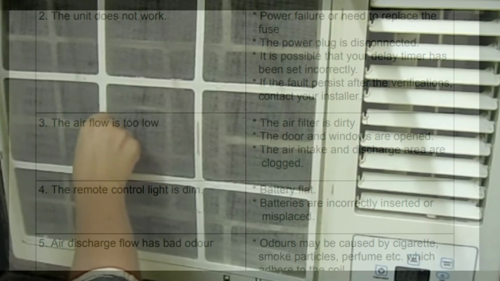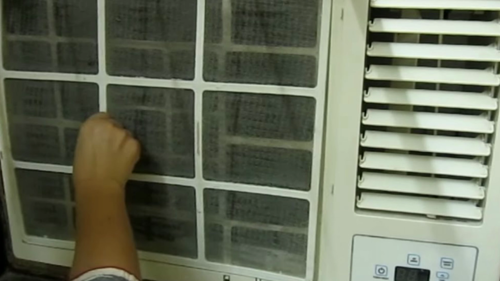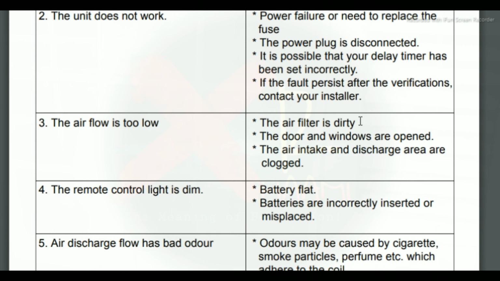Maybe the air filter is dirty, so you have to clean your air conditioner filters every month at minimum. Also, the doors and windows may be open, so double check your area if there is some place open. Or the air intake and discharge area are closed, which means the air conditioner is not sucking the air. So check all these things and clean all your filters.